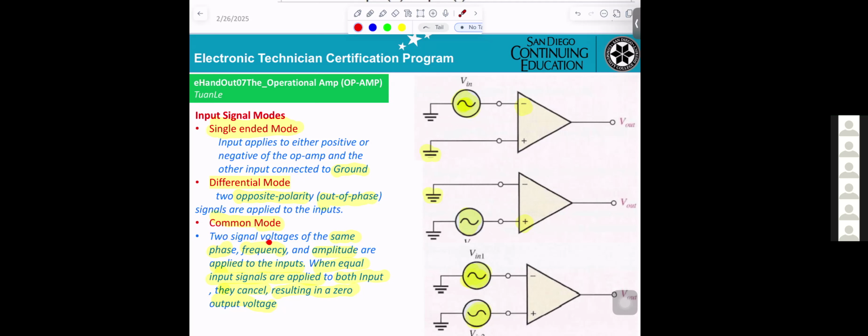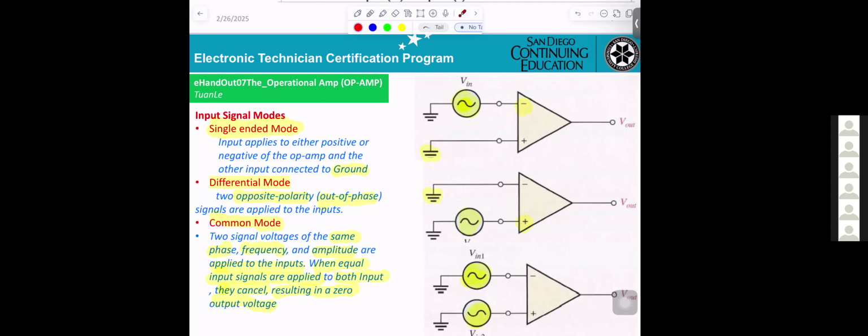They say two signal voltages of the same phase, same frequency, and same amplitude are applied to the inputs. When equal input signals are applied to both inputs, they cancel out, resulting in a 0 volt output.